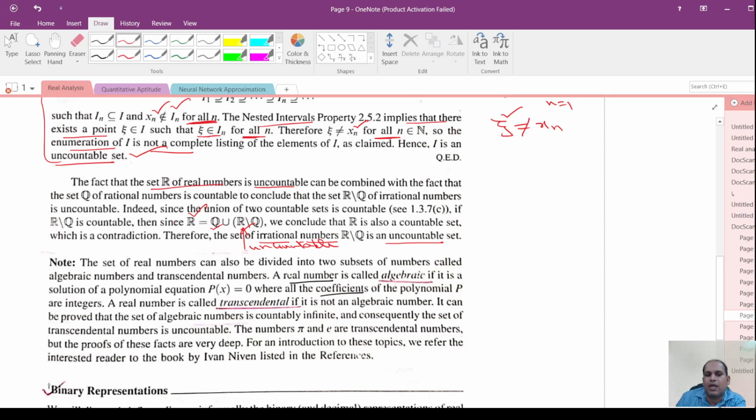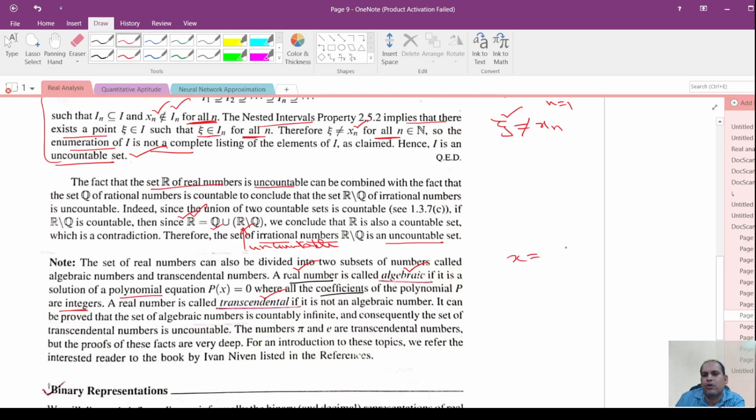So, R is being classified into rational as well as irrational, a union of rational and irrational. There is another classification into algebraic and transcendental numbers. I want to recall the definition here, that any real number is called algebraic if it is a solution of a polynomial equation with integral coefficients, with coefficients as integers.